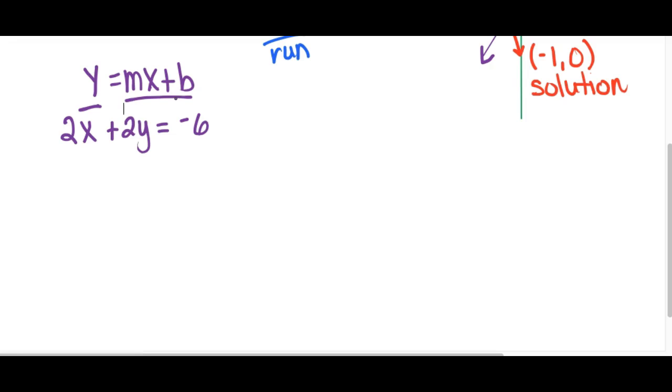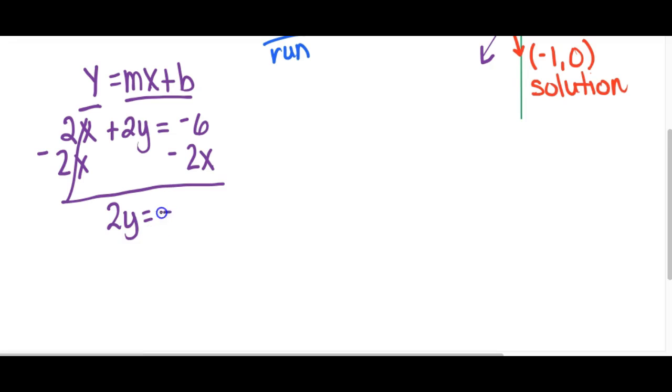It doesn't matter what's next to my 2, what's attached to it. In this case, it's 2 times y. I need to move everything else. So right now I have a positive 2x, so I'm going to subtract 2x from both sides. And by both sides, I mean both sides of the equal sign. So we get 2y equals -2x plus -6.